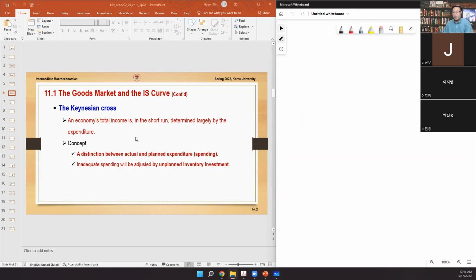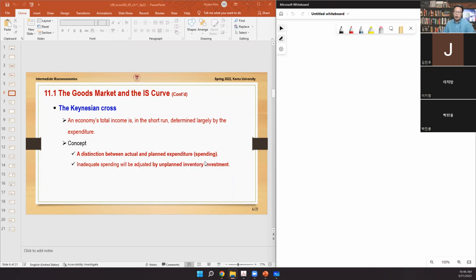The simple idea is that they distinguish between planned expenditure and actual expenditure, and the operation is adjusted by unplanned inventory investment. If you remember, one of the components of the GDP identity is investment, and a detailed component of investment is inventory investment.